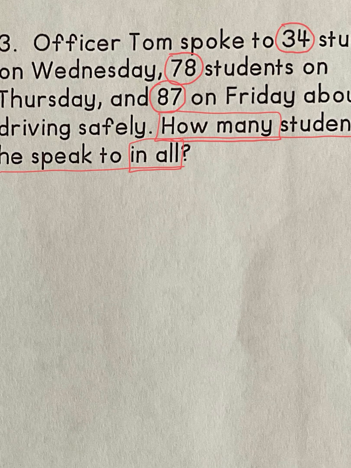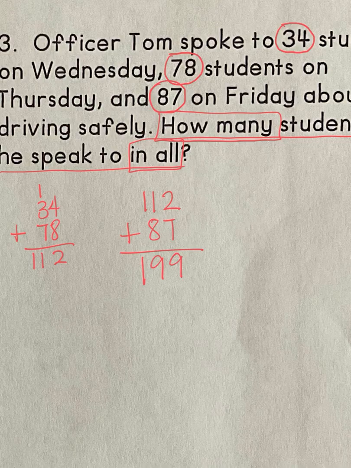So we're going to start with 34 plus 78. 8 plus 4 is 12. Carry your 1. 7 plus 3 is 10, plus 1 is 11, so 112. And then I'm going to take 112 and add my 87. 7 plus 2 is 9. 8 plus 1 is 9. And then 1 plus nothing is 1. So he spoke to 199 students.